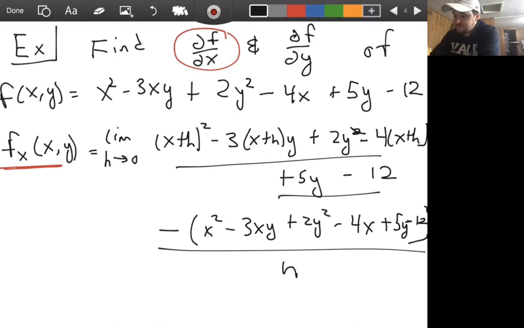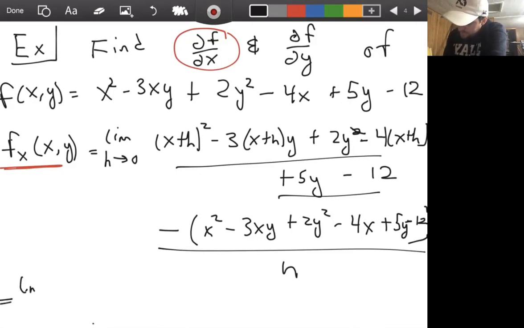And so now what we can do is basically FOIL everything and then simplify. So let's expand all of these parentheses here. We have (x + h) squared. It looks like I may need a new page, but we'll see.